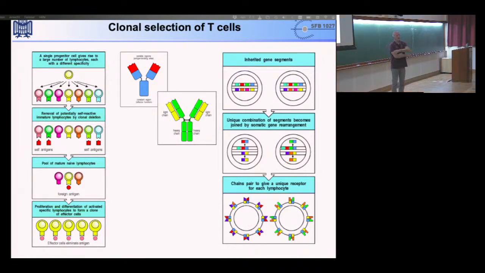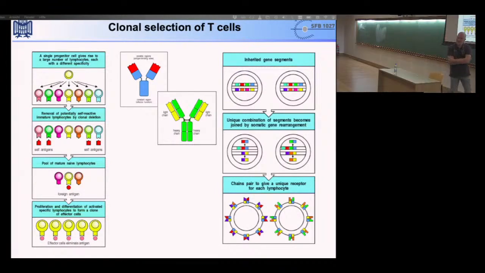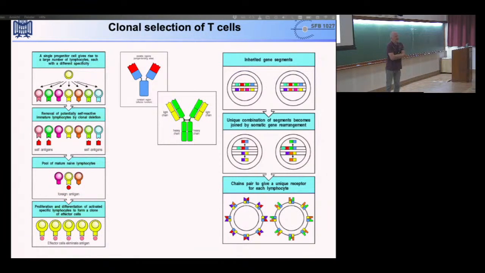So how do you do this? The solution is, when you think of the key-lock principle of biochemical binding, you generate a huge variation of random keys and throw away all those keys which open locks in your own body.